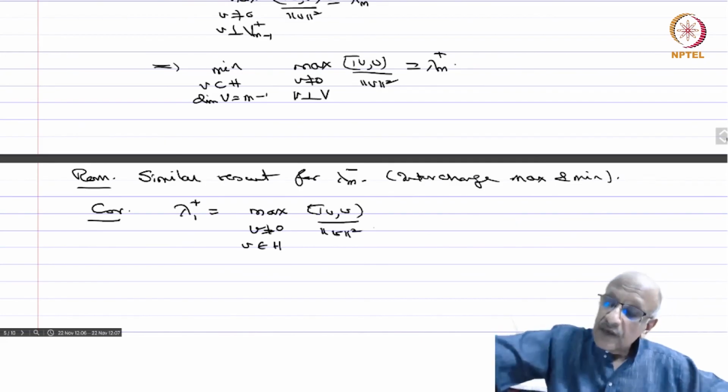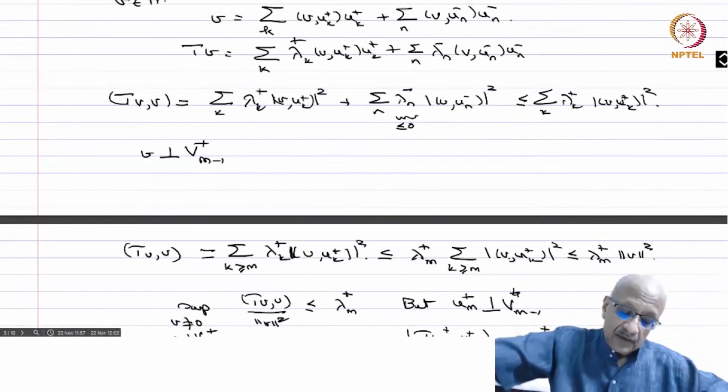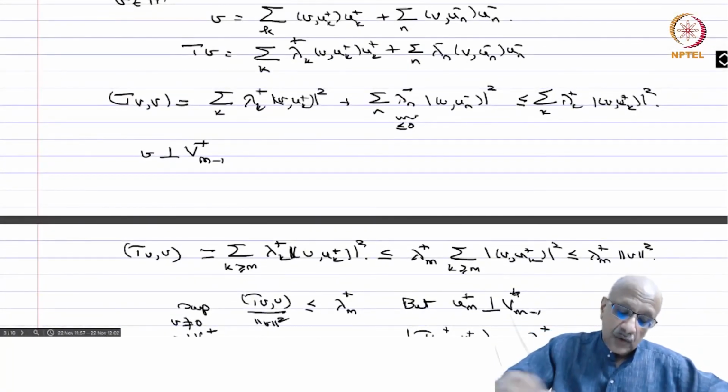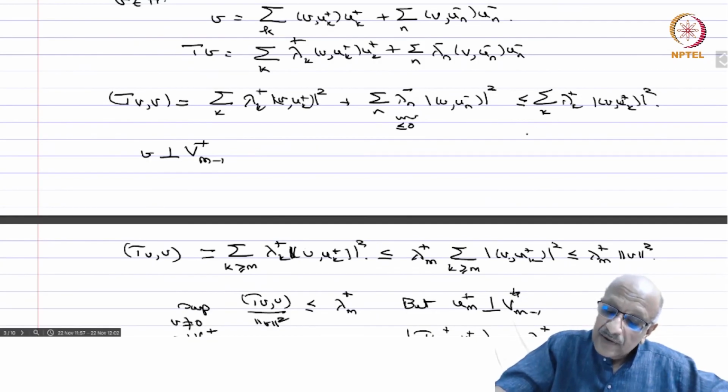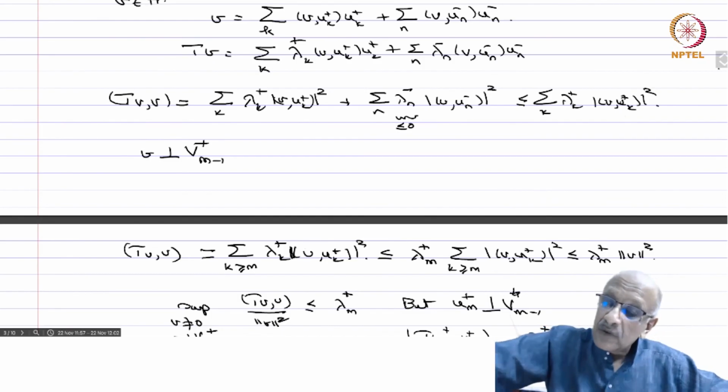You can also see it directly from this statement here. So you have T v v equal to this, and therefore this is less than or equal to lambda 1 plus, because that is the biggest of them all, times norm v square. And for u 1 plus you already have it attained, and therefore the maximum over the whole space is in fact lambda 1 plus.